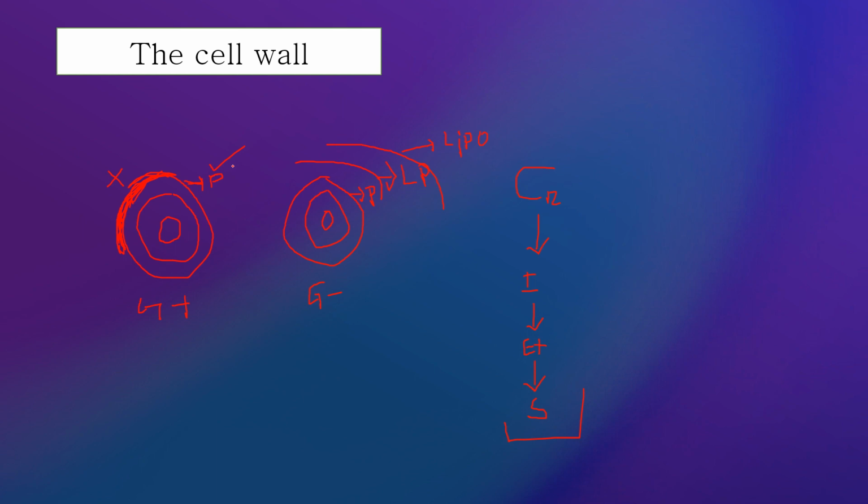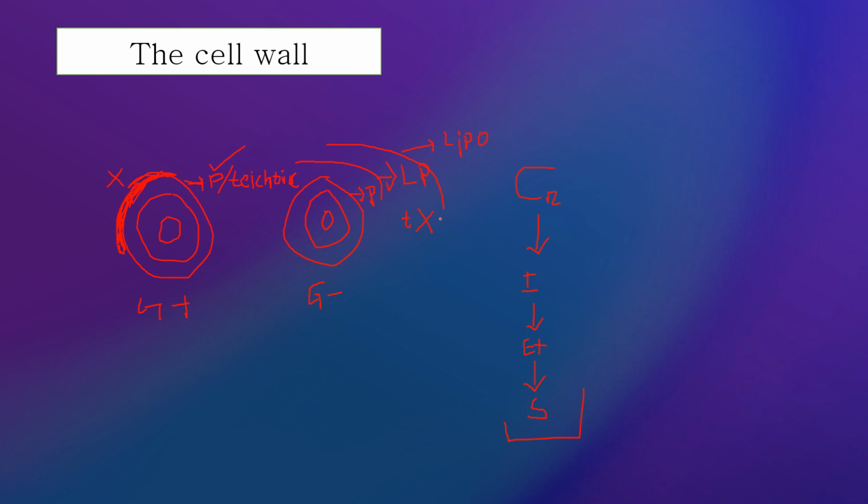In gram positive bacteria, 90% of the cell wall is composed of peptidoglycan, and the other 10% is composed of teichoic acid. But in gram negative bacteria there is no teichoic acid, only peptidoglycan in a thin layer.